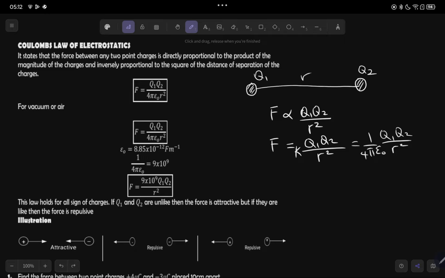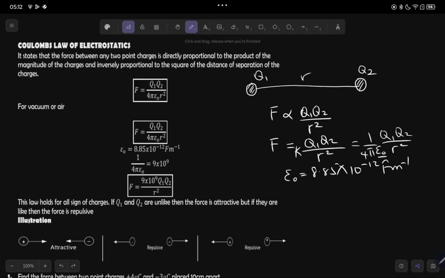The 1 and 4 pi are common constants, but epsilon naught is a specific constant and depends on the medium in which the charges are placed. In a vacuum or, to a good approximation, in air, the value of epsilon naught is 8.85 times 10 power negative 12 farad per meter.